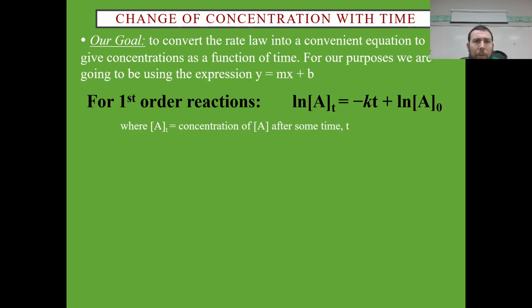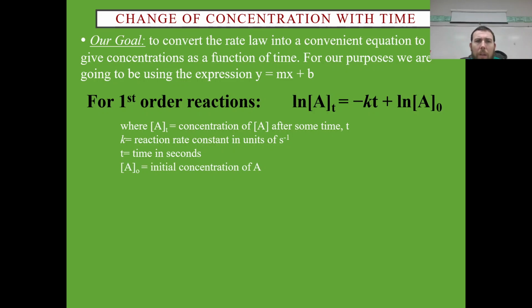Now again, [A]t is going to be the concentration of A after some time t. k in this case is the rate constant. Because it's first order, it's going to have units of inverse seconds. Our time is in seconds, though please keep in mind the time could be in different units. I'm using seconds because that's most common. And [A]0 is going to be the initial concentration of A in your given process.